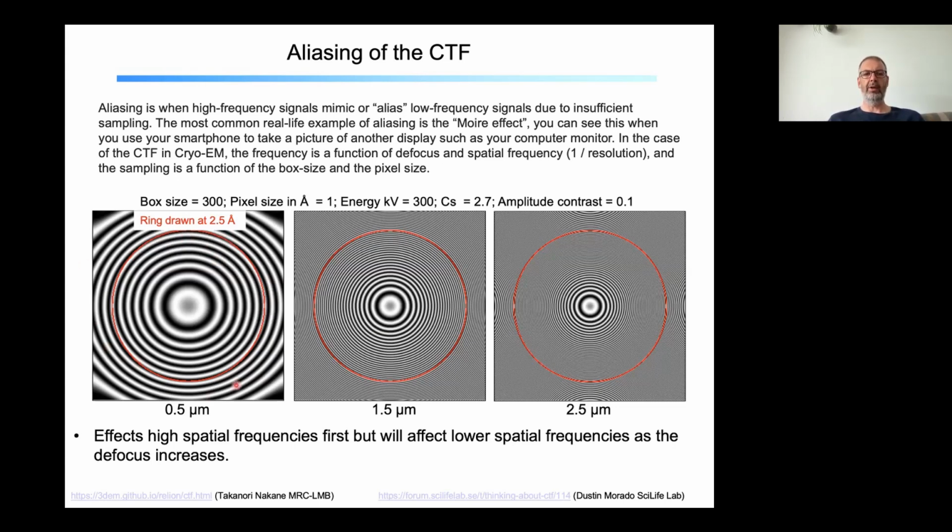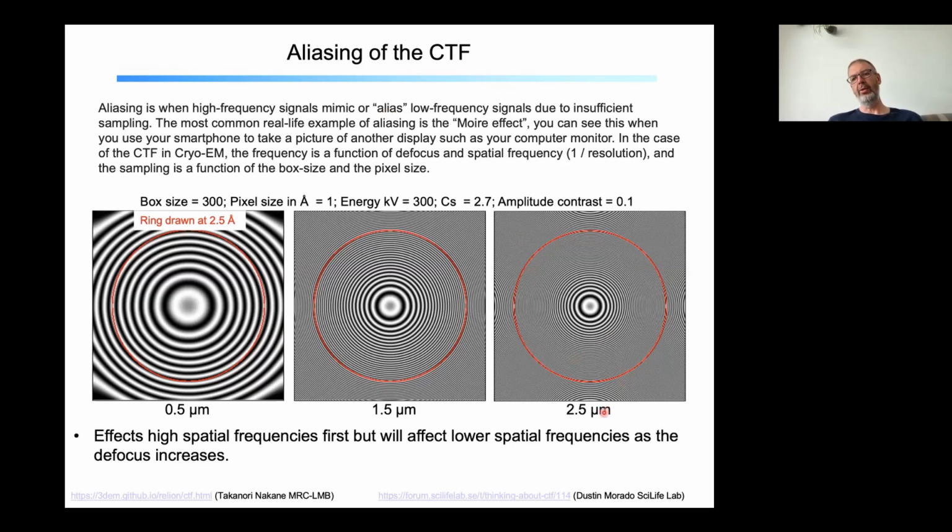This is our contrast transfer function with this box size and this pixel size at 0.5, and you can see these nice Thon ring patterns going out. As you increase the defocus, you can start to see these weird reflections coming back in. So this is this aliasing effect, where you still have information at the limit of sampling, which is reflected back into your image.